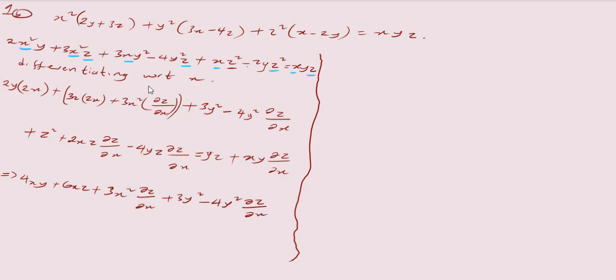Then I have plus z square plus 2sz dz ds minus 4yz dz ds is equal to yz plus sy dz ds.